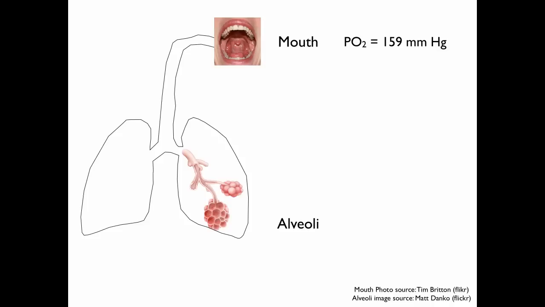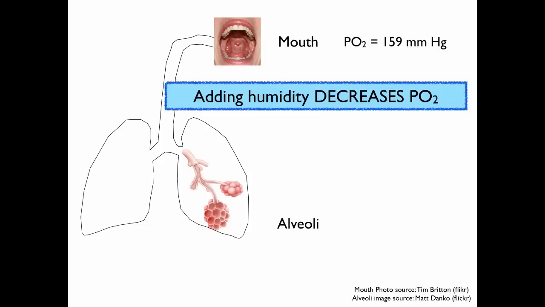In the previous video, I showed you how at sea level the partial pressure of oxygen is 159 millimeters of mercury at the mouth. So the air we breathe has that amount of oxygen. I also showed you how adding humidity in the conducting zone decreases the partial pressure of oxygen, so that by the time the air reaches the alveoli, the little air sacs of the lungs, the partial pressure of oxygen is 105 millimeters of mercury.